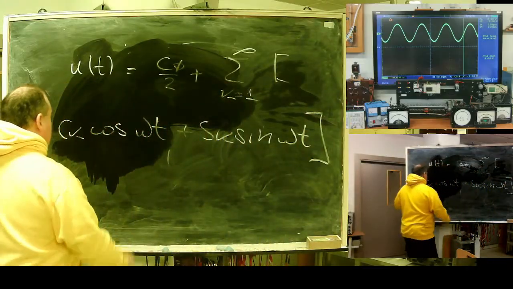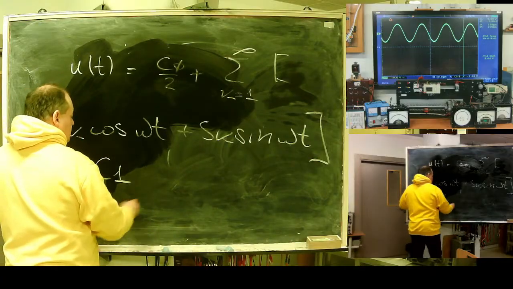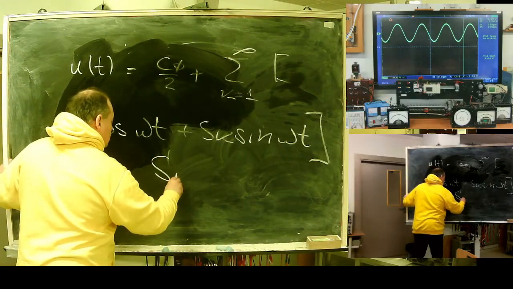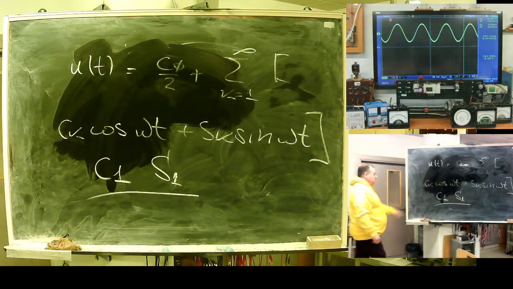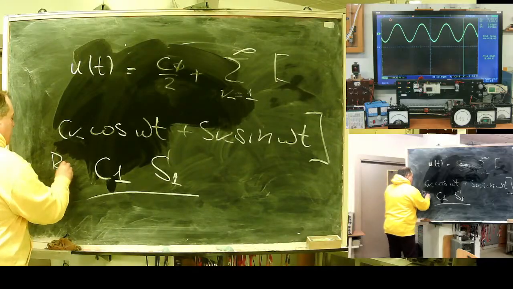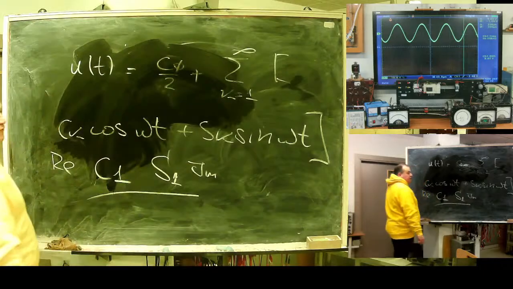In our case, what we need for electrotechnics theory, C1 would be the real part of our phasor, and S1 would be the imaginary part of our phasor.